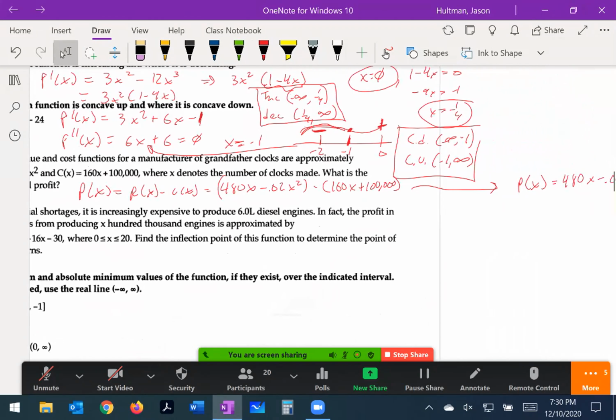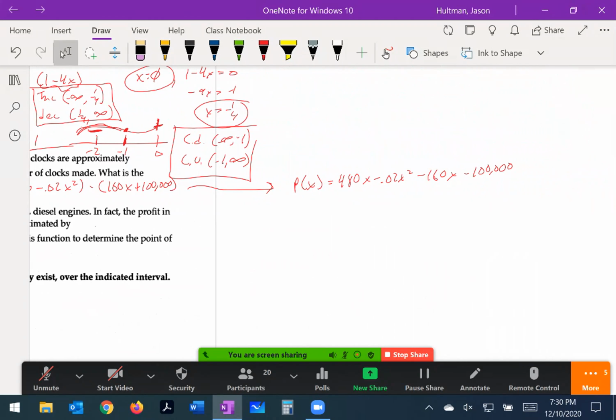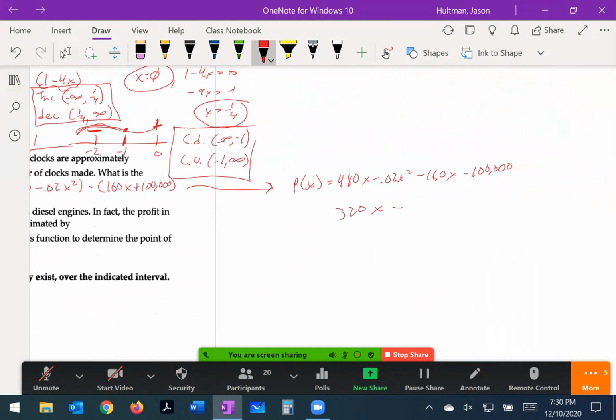Okay, good. So let's combine the like terms here. 480 minus 160 is 320, I believe. So this is 320x minus 0.02x squared minus 100,000.